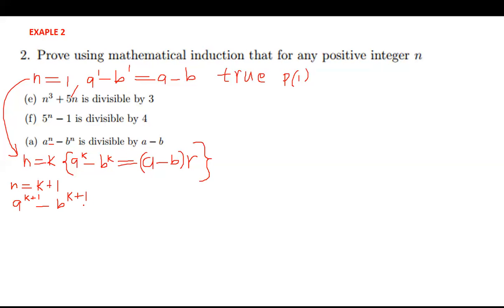This can be written as a to the power k times a to the power 1. And for b, we can also write b to the power k times b to the power 1.